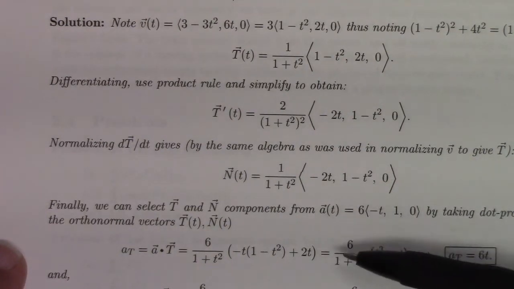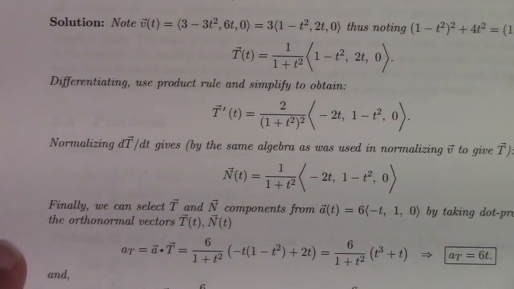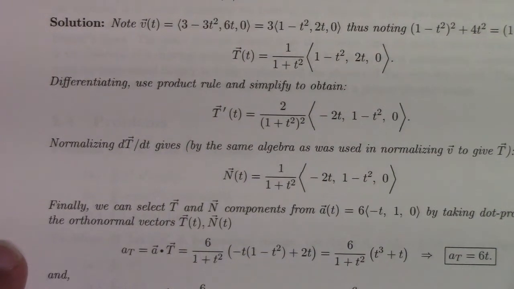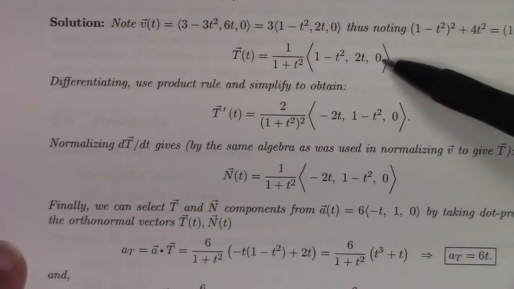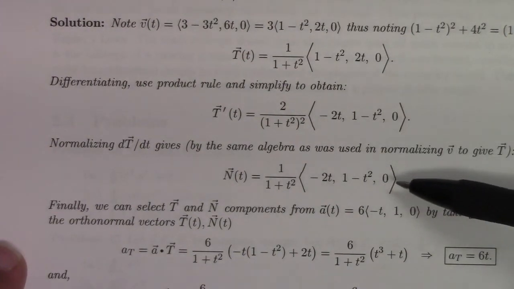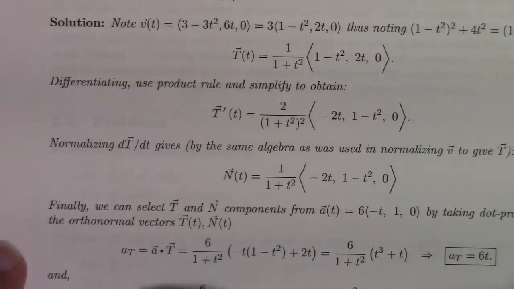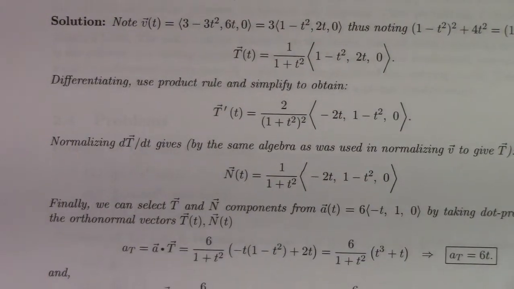This is actually the less clever way to calculate a sub t and a sub n. The way I did the example at the start of this talk is probably faster than what I'm doing here. You can try both if you want, but here I took the heavy-handed approach of explicitly finding T, explicitly finding N, and then taking dot products to find a sub t and a sub n. That's also a method, all right?